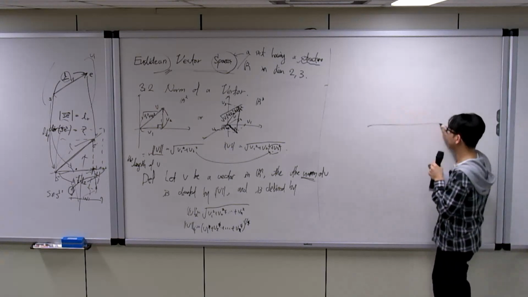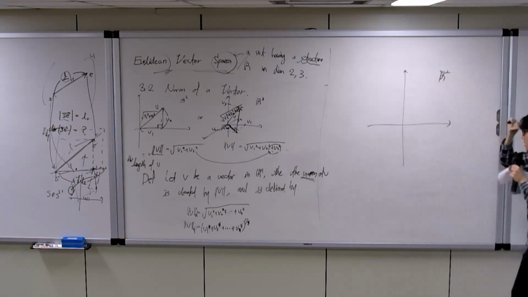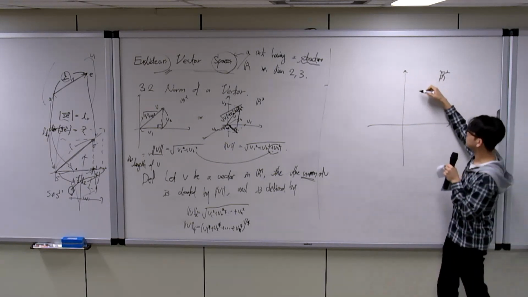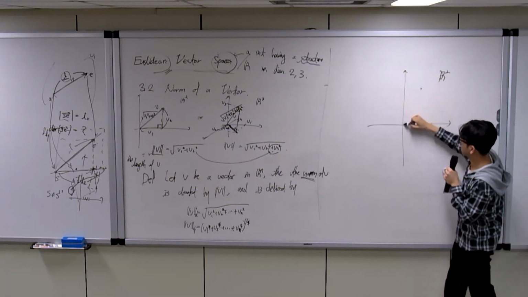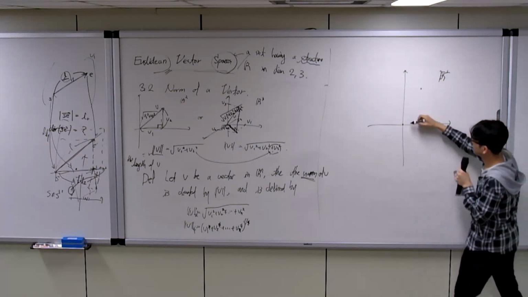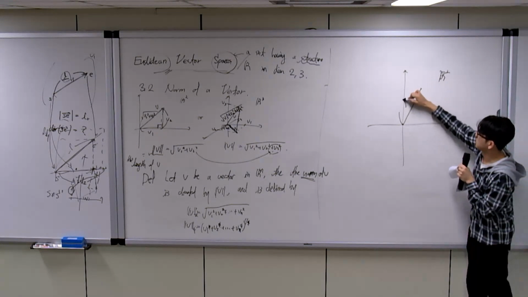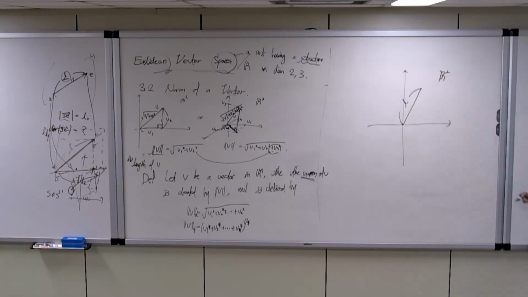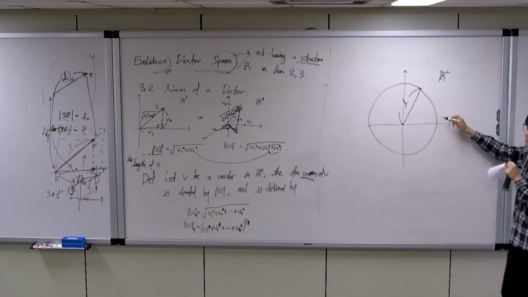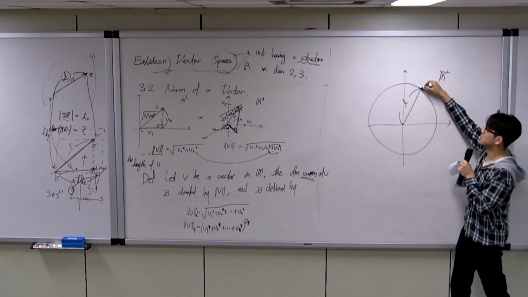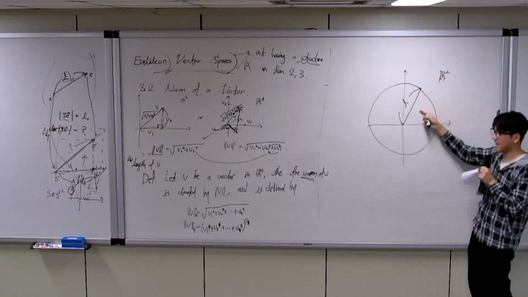So when we are in the two-dimensional space over R, I will start at the origin. If we measure the length of these points, by using a circle, we might calculate the length.